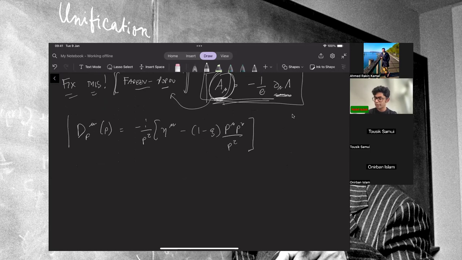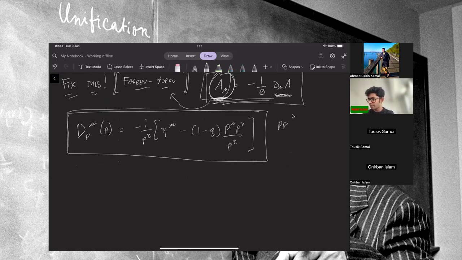If you go through this, you find that this is the Feynman propagator for A mu. Let's talk about it for a second. There's a thing here called zeta, and zeta is called a gauge fixing parameter, and its value doesn't matter.